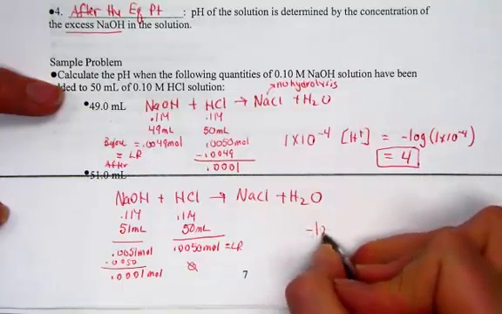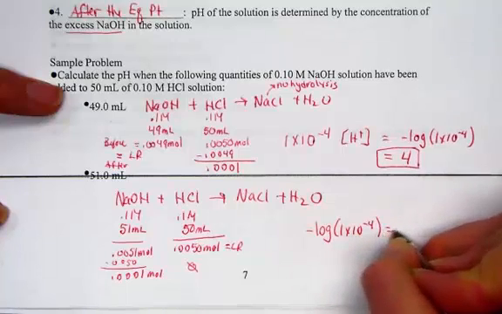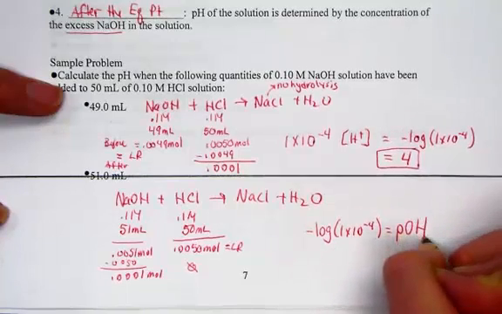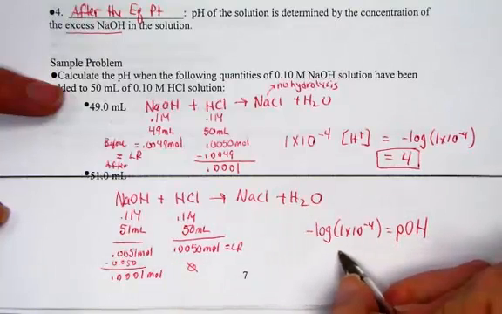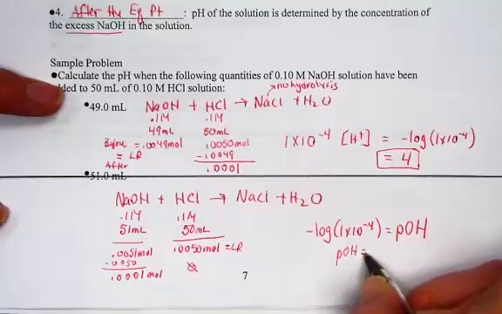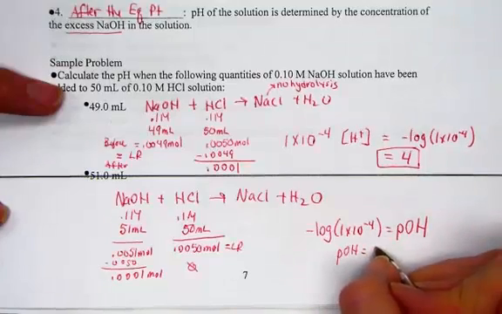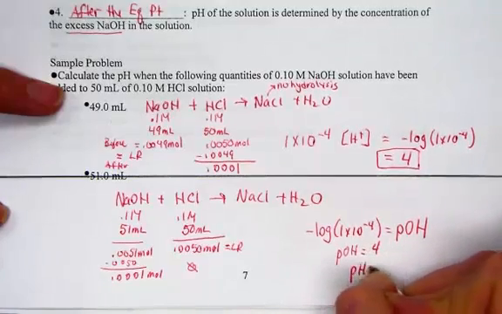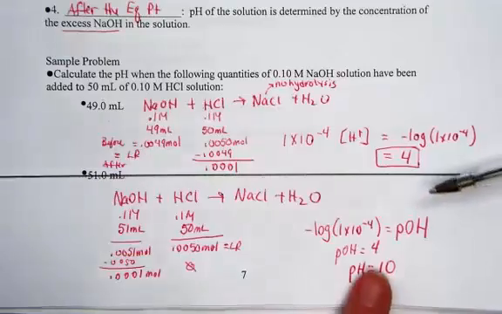However, if I take negative log of 1 times 10 to the negative fourth, that gives us something called pOH. The excess amount here is the base. So if pOH is negative log of 1 times 10 to the negative fourth, gives us a pOH of 4, the pH comes out to be 10, 14 minus that. So just to consider what's happened.